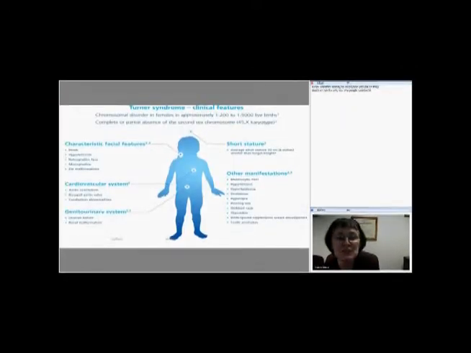Turner syndrome is a chromosomal disorder in females, with complete or partial absence of the second sex chromosome. So they have a 45,X karyotype. And then you can see some of the problems that go along with it.